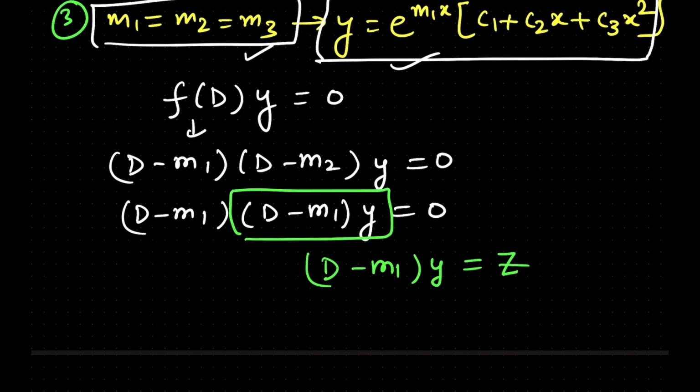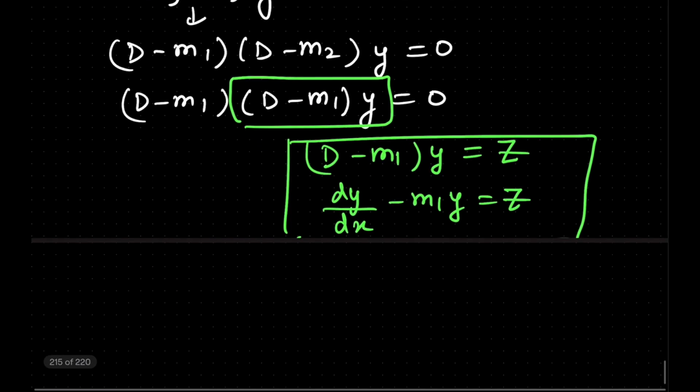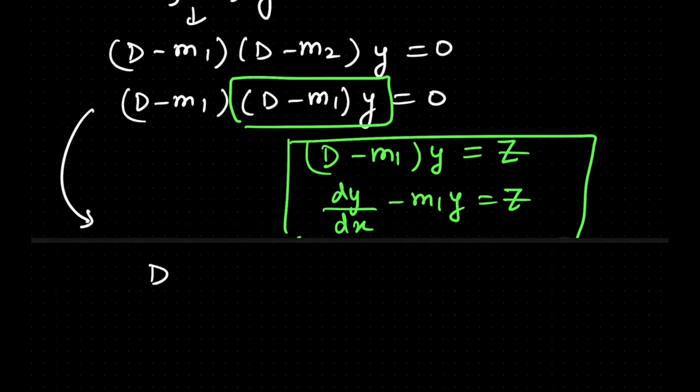You can expand this also: dy by dx minus m1 y is equal to z. So this is our assumption. What is the benefit of this assumption? Let's solve. This equation will become D minus m1 times z is equal to 0.